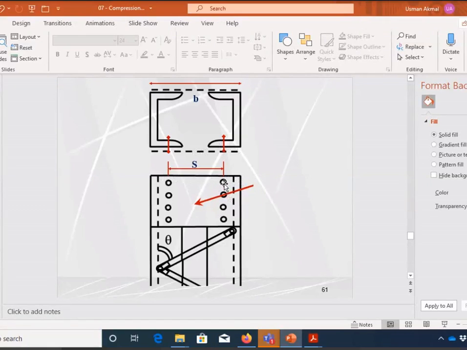So at the moment, S value is the distance from the center line of the hole on the one section to the center line of the hole on the other section, or transversal distance between center lines of the holes on adjacent sections. So how we decide whether to use single lacing or double lacing will be based upon this S value.